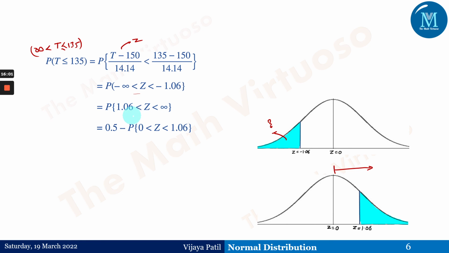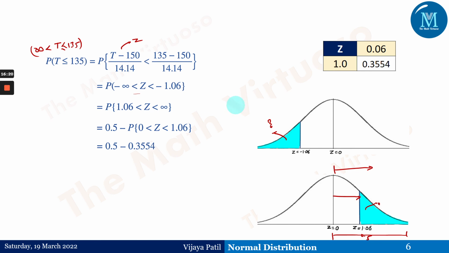And therefore the same type of problem arises here. It is 0.5 here, so this shaded area will give us 0.5 minus the region from 0 to 1.06. The value for 1.06 is 0.3554, and therefore the answer is 0.1446 for this particular question.